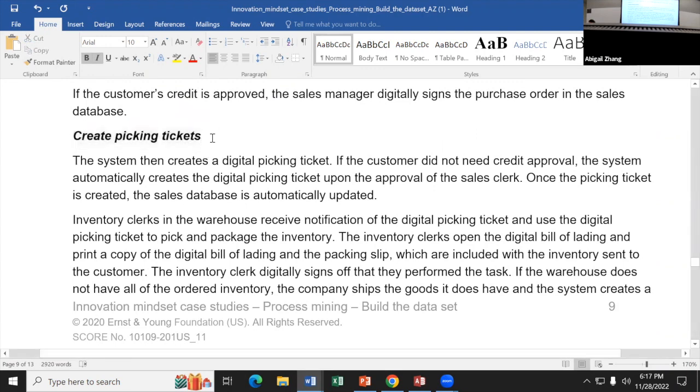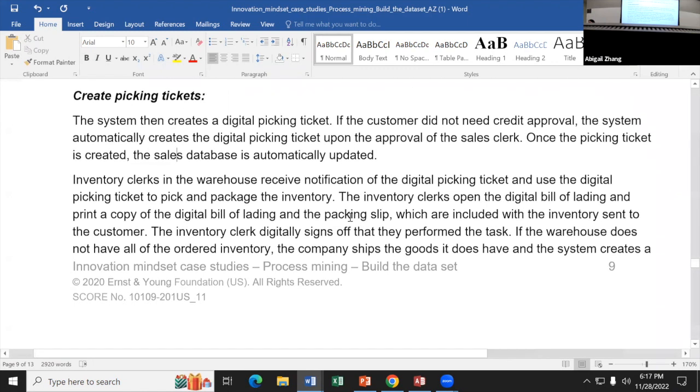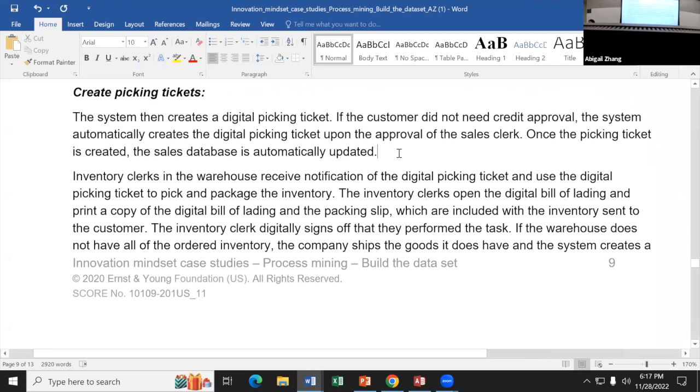So here, I won't bother you with identifying control activities because there are no very obvious ones, but you can argue that the automatic generation of the picking ticket can act as a kind of control, because you reduce any human errors. But there is no major one here.